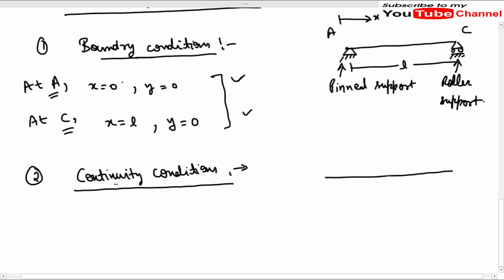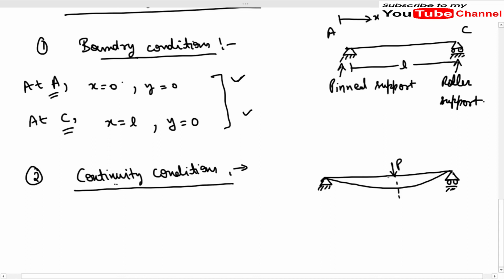So this is our pin support, and here we have a roller support. Now if we load this beam, then this beam will deflect like this. Let us call this point P, and there we have a point load. I am taking a general case. So we have a point P.